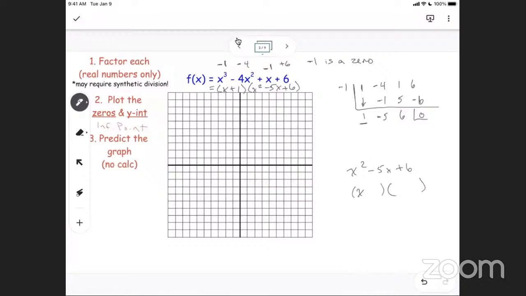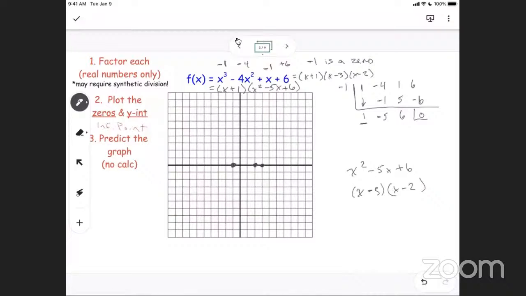It's x minus 3 and x minus 2. Did that work? Yeah, it sure did. So this actually equals x plus 1 times x minus 3 times x minus 2, which means my zeros are at -1, +2, and +3. Those are my zeros.